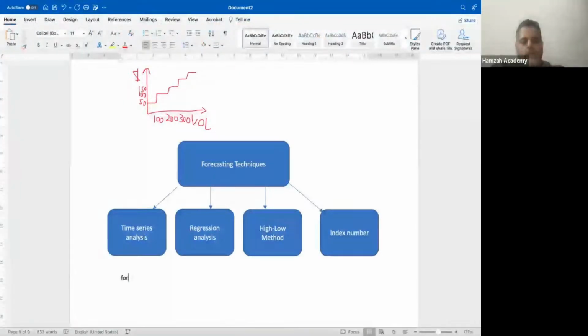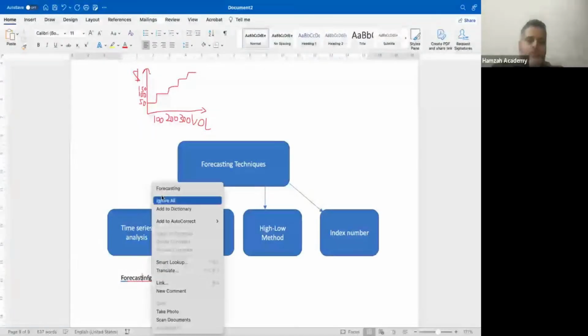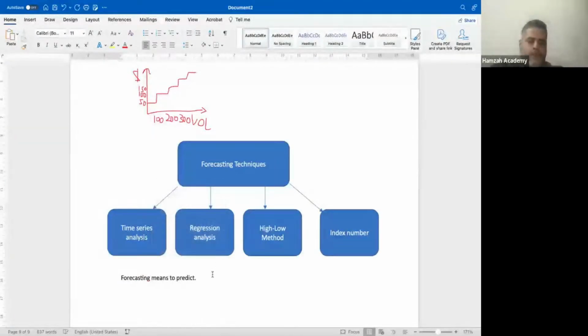And forecasting basically means to predict, right? Organizations have to predict about their costs and revenues.